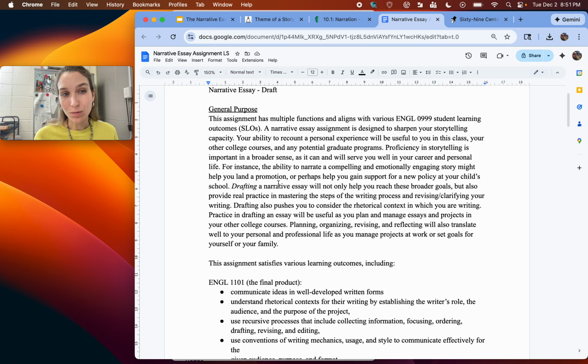Drafting a narrative essay, which is really what we're doing on this particular assignment, will not only help you reach those broader goals, but it's going to give you some real practice in mastering the steps of the writing process and revising and clarifying your writing.